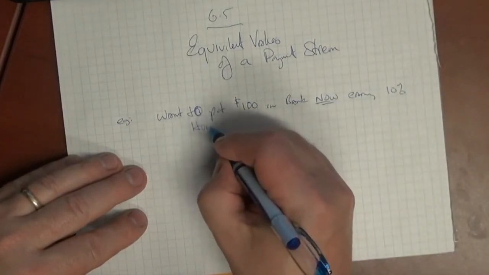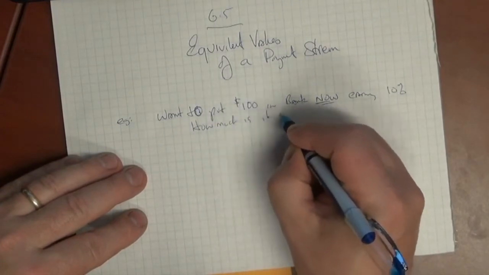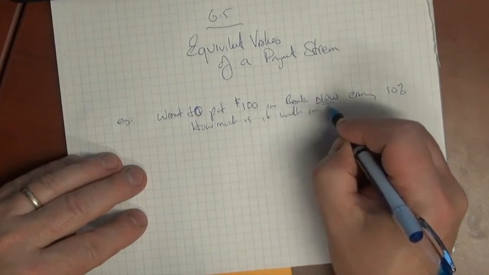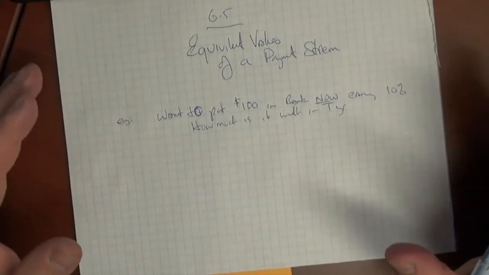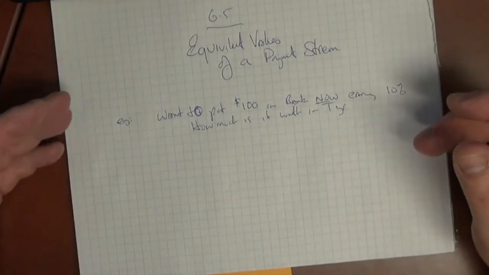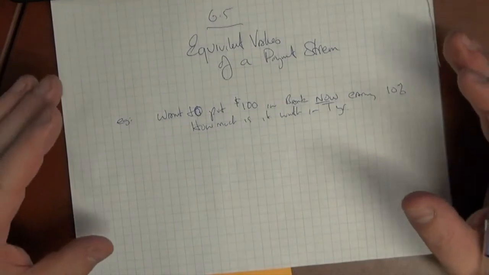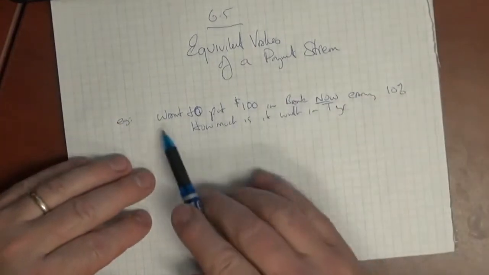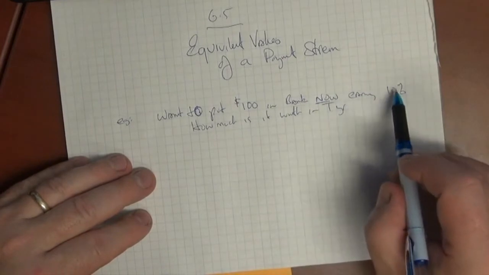How much is it worth in 1 year? We've looked at that, and we've seen that we can do the future value of that and do the math on it. But let's assume that we take the same scenario. You want to put $100 in the bank now to earn 10%.